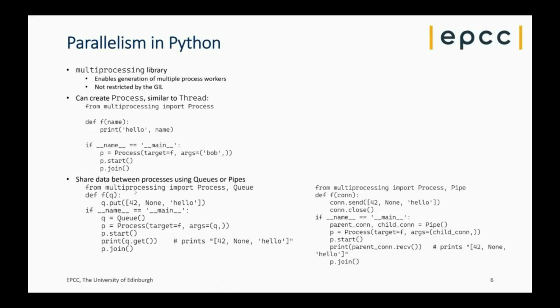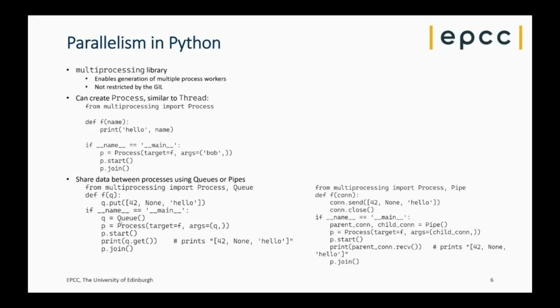So in this example here, we've got a process which we created, and we create a queue, and then we get and put into that queue to get data to and from each individual process.